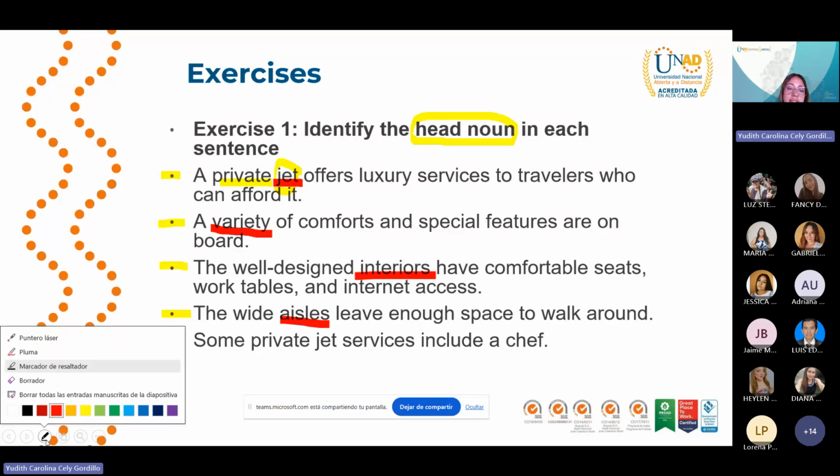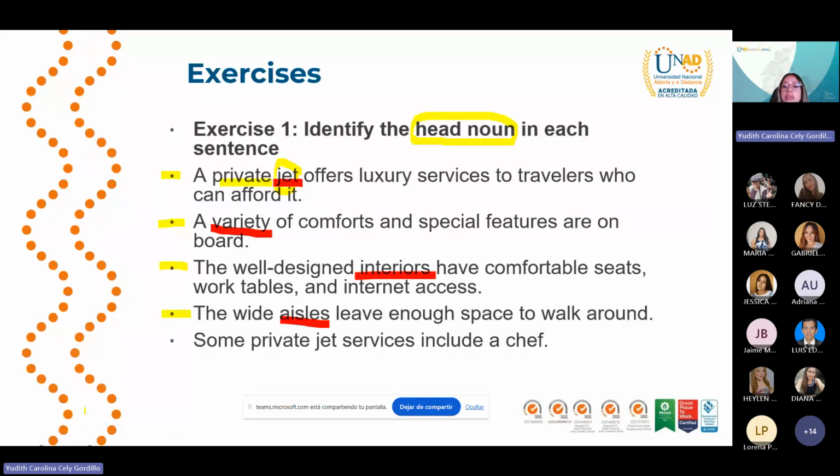The last one: some private jet services include a chef. What do you think is the head noun?